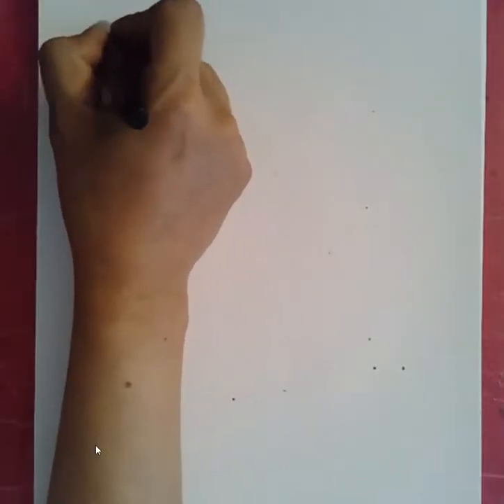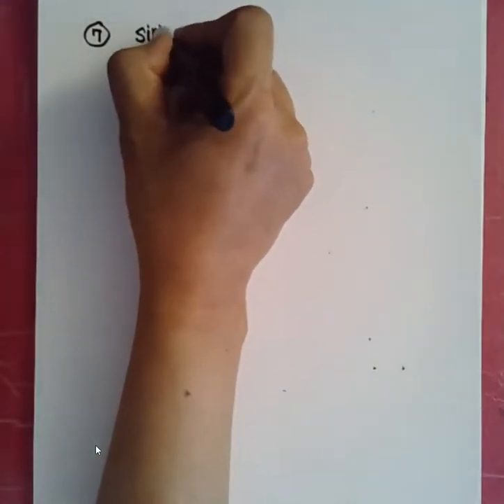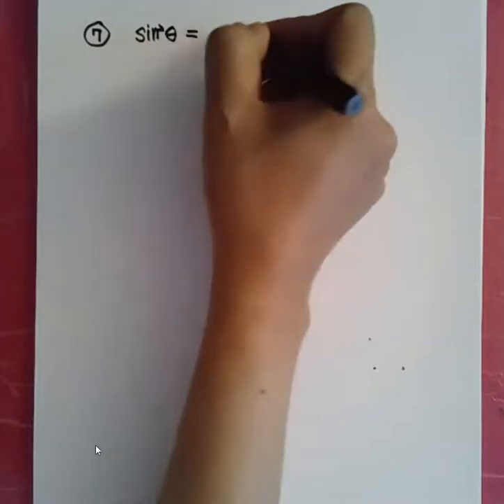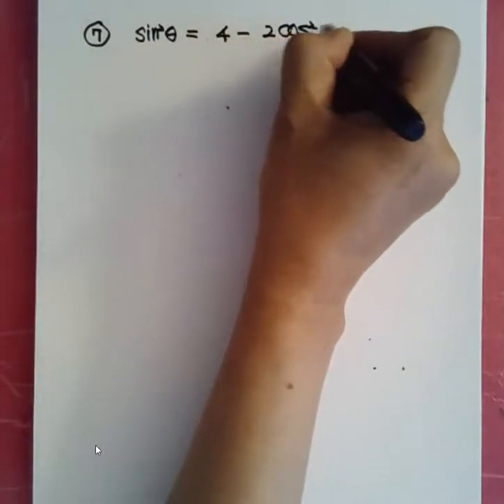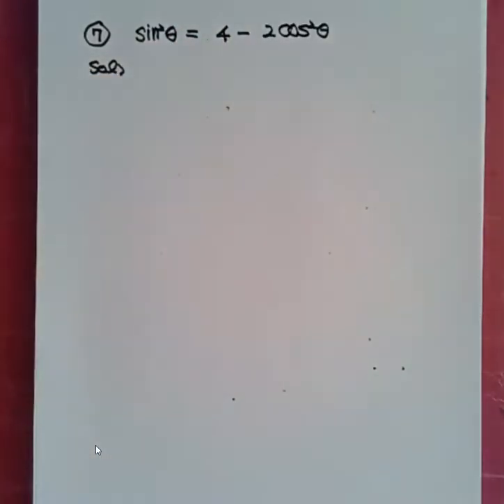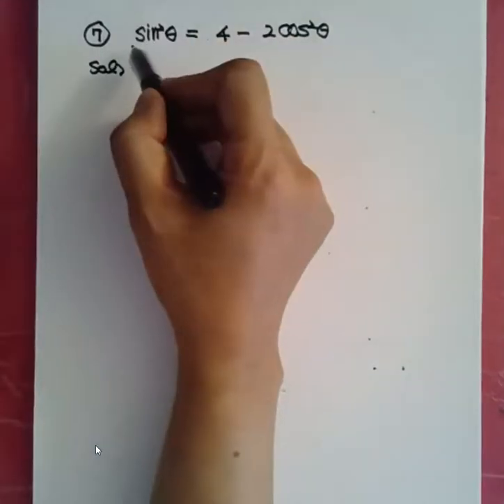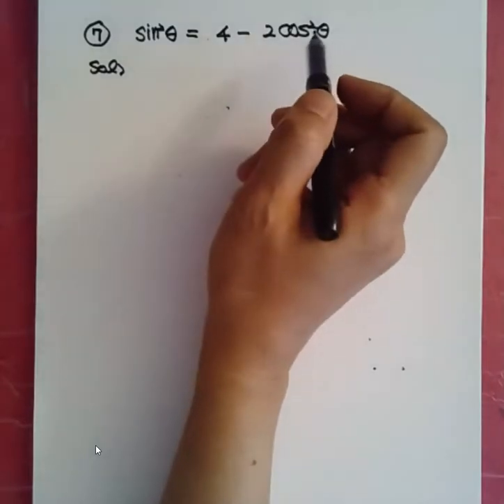Let's do the next problem. The next problem is sine squared of theta equals 4 minus 2 cosine squared of theta. The difference between this problem and the previous problems is that in this problem, sine and cosine appear together.